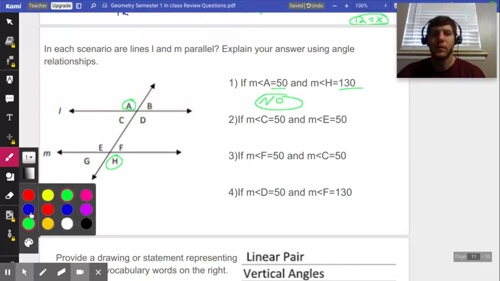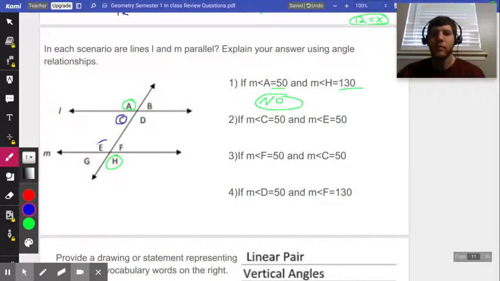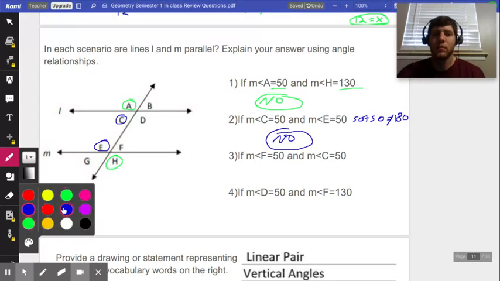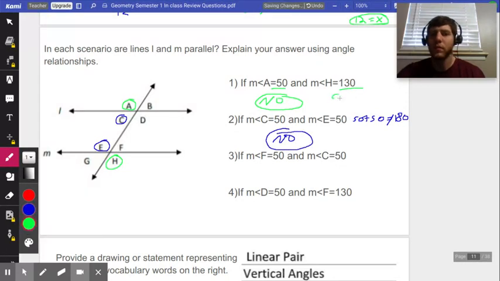Okay, if we go to the next one here, C and E. In order for the lines to be parallel, those are same side interior angles. They would need to be supplementary. 50 plus 50, right? 50 plus 50 does not equal 180. So we say no. If we did green here, we would say 50 does not equal 130.